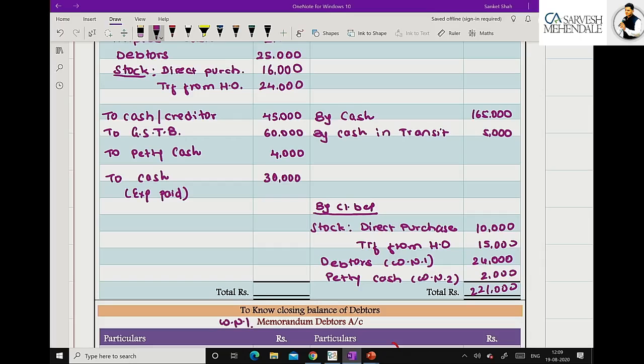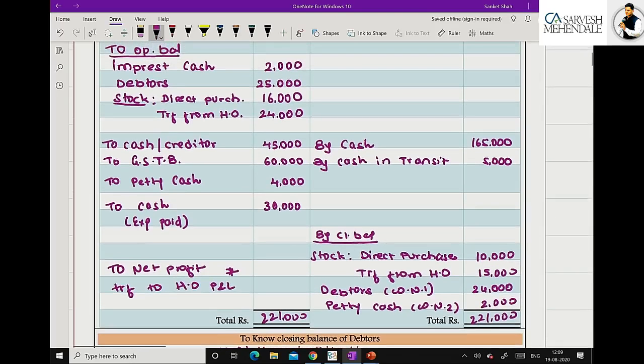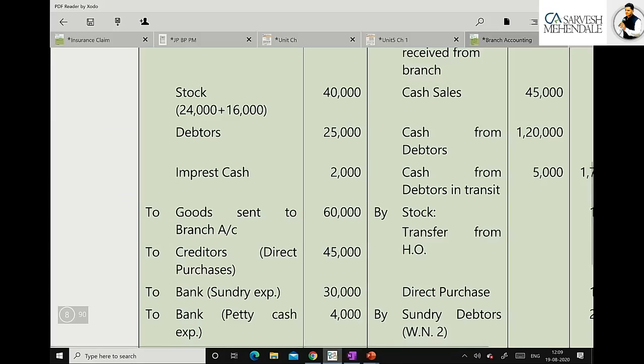And then you have net profit transferred to HO P&L. It is 15,000. Let's see whether I'm getting the same answer as the study material answer.